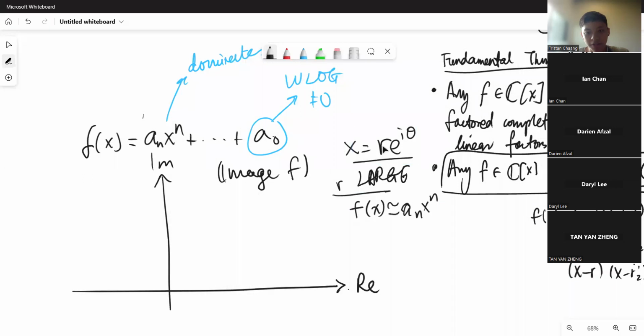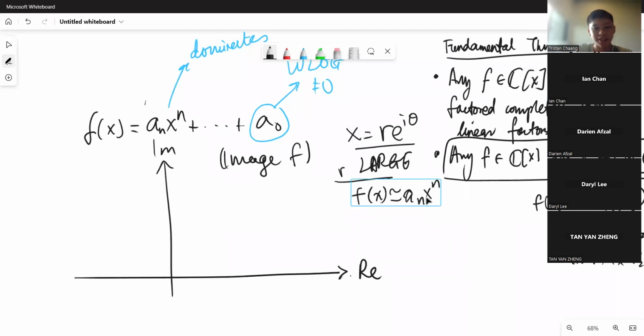Now, if I fix r as a very large number and vary theta, as theta goes from 0 to 2 pi, it is a continuous input. If we plug it in, we should get points on a very large curve that's very far away from the origin. Does that make sense so far?